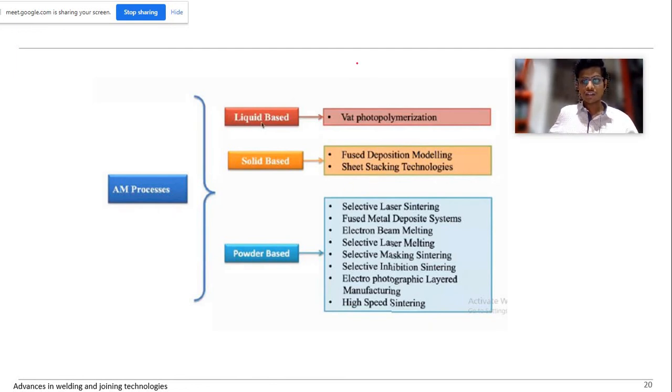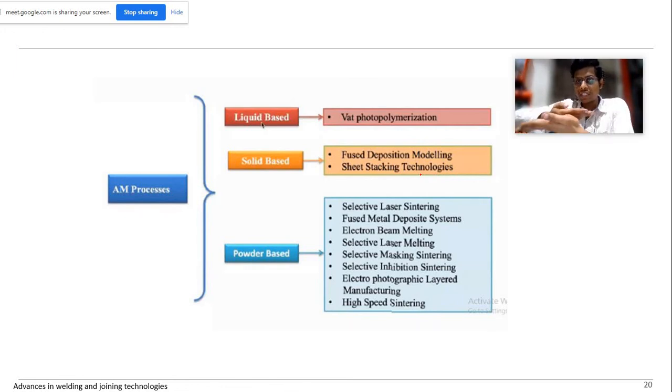And sheet stacking technologies means here we are stacking the sheets one by one, and after stacking, when we get the desired shape, we'll bond it with the help of adhesive bonding. You guys studied this in this course, so adhesive bonding will be used. And even for cutting those sheets we'll use a laser.